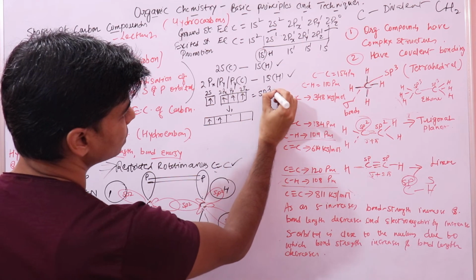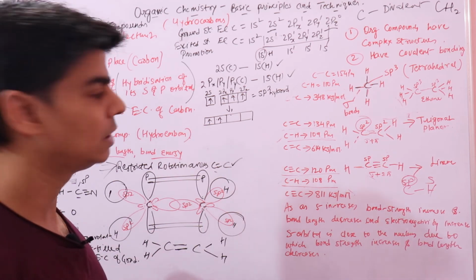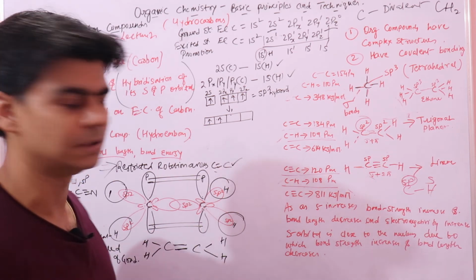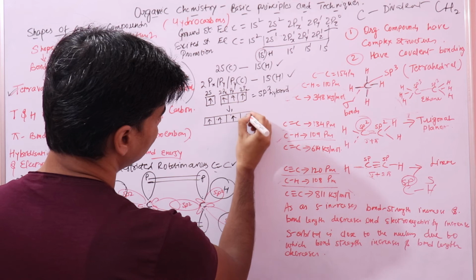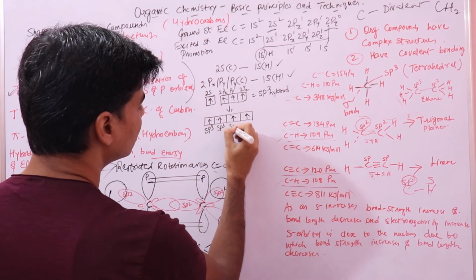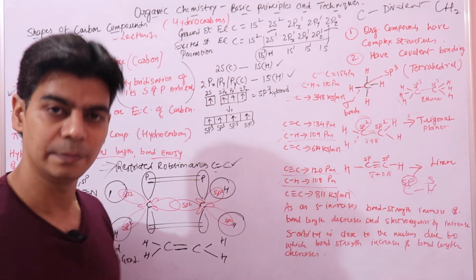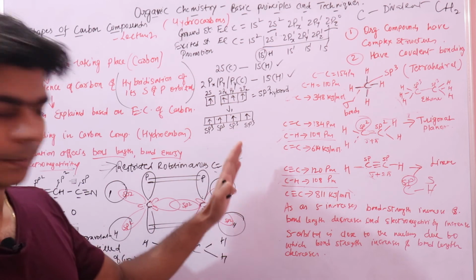They will produce sp3 hybrid orbitals that have same shape and similar energy, right? So you have 4 sp3 hybrid orbitals which are same, right?